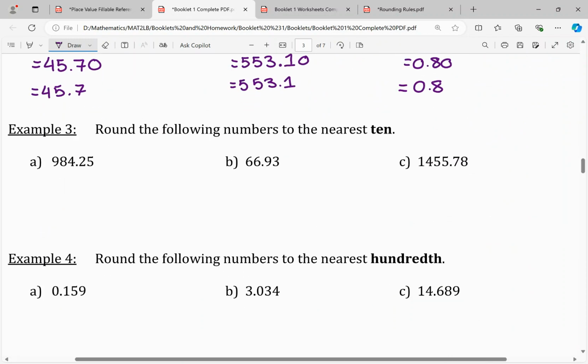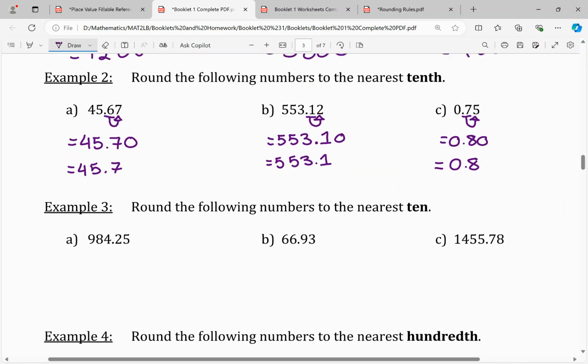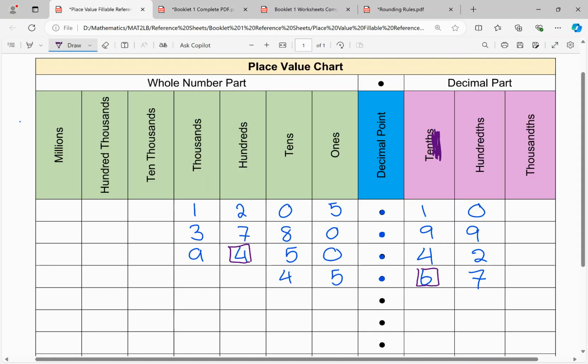Example 3, we are going to round these numbers not to the nearest tenth, but to the nearest 10. What does that mean? Well, 984.25. I'm going to erase this so we can start fresh.